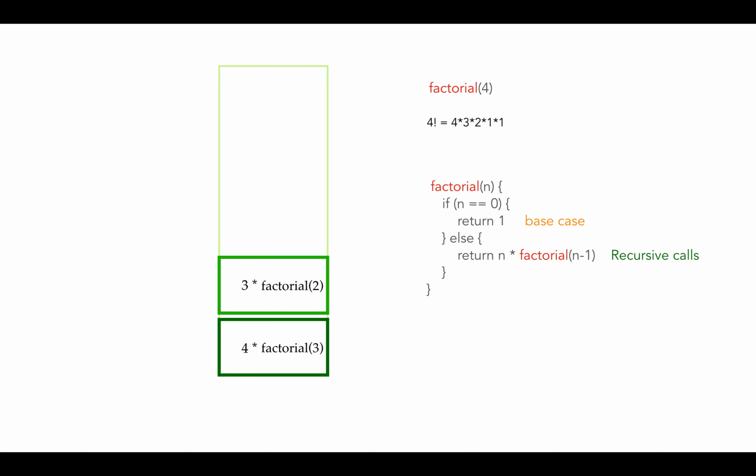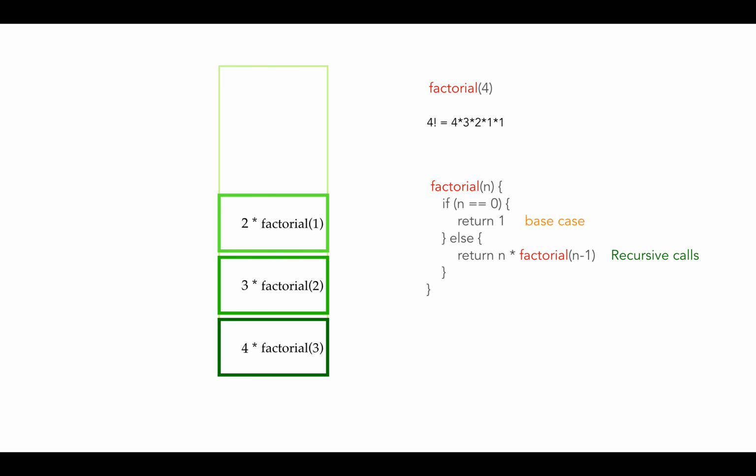The second call happens with n equals 3, which again performs the multiplication of 3 by factorial of n minus 1, which in this case is factorial of 2. Again, it halts to get the value of factorial 2 so that it can calculate the value for the current call. Now the third call happens, which is 2 multiplied by factorial of 1.